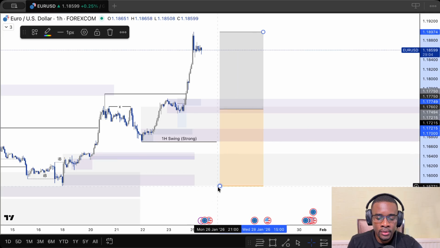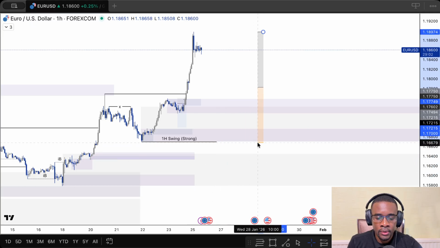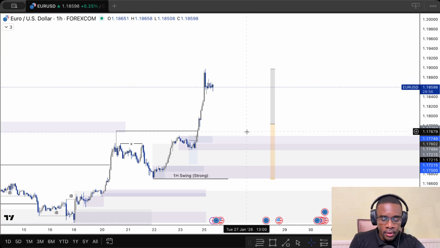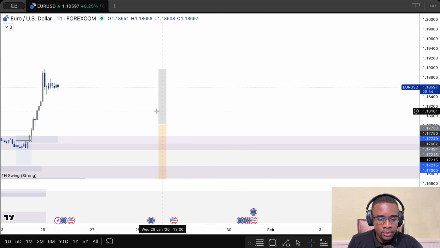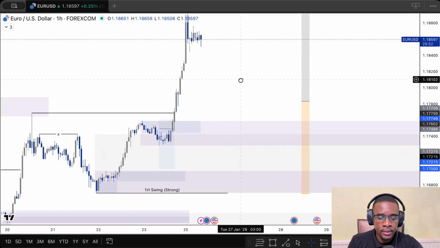For now this is where we can mark our range, premium and discount. After break of structure, we are expecting the same thing really.